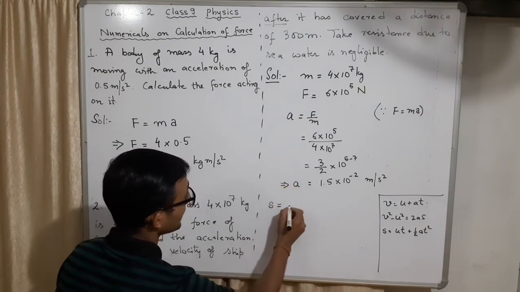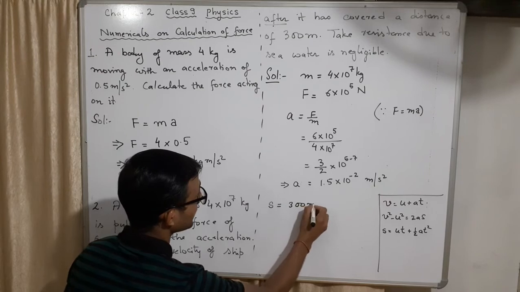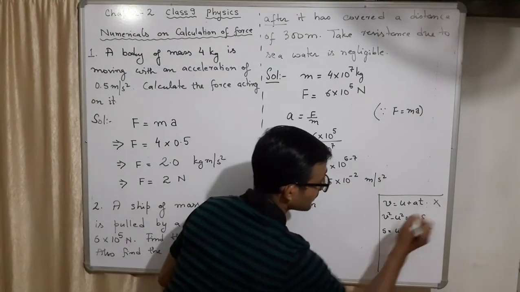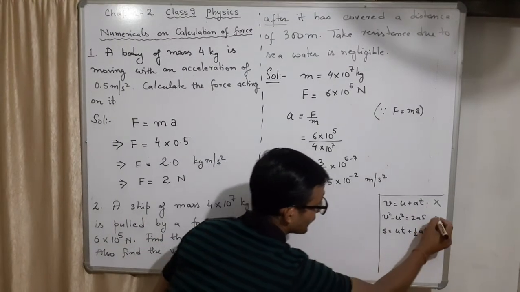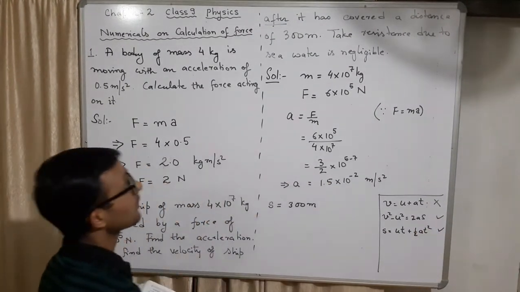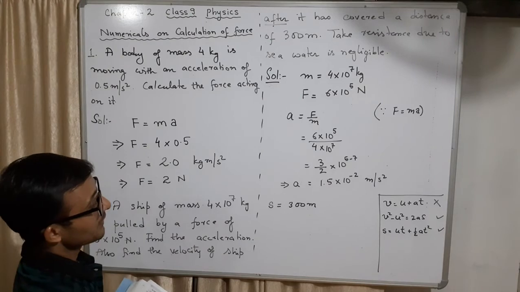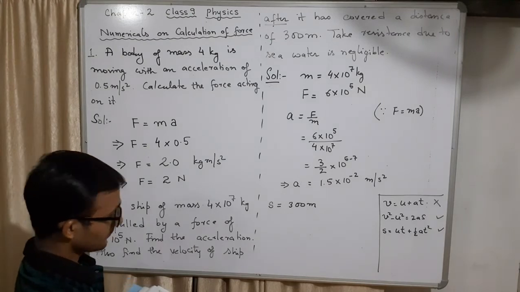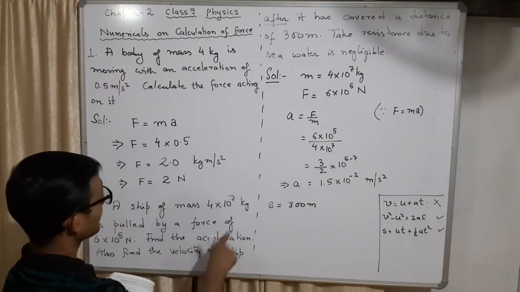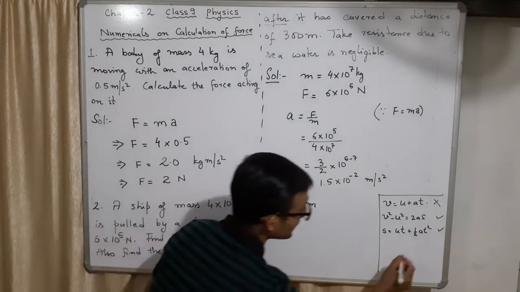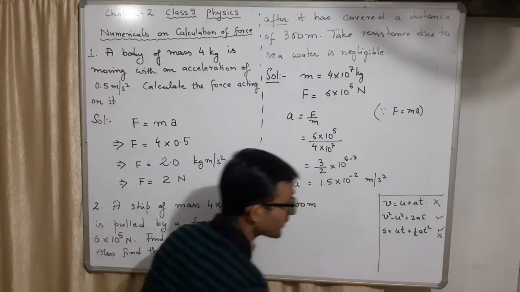Distance is given, so these two are going to be used, one of them. Let me see which I'm going to use. Look at the question, you do not have the time given to you. So this also I'm not going to use because t is not given.